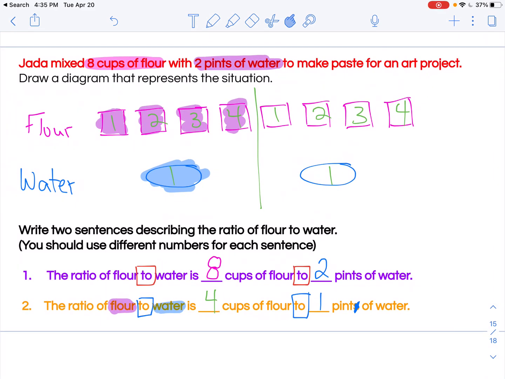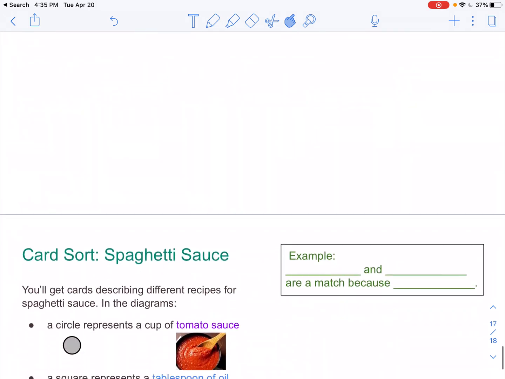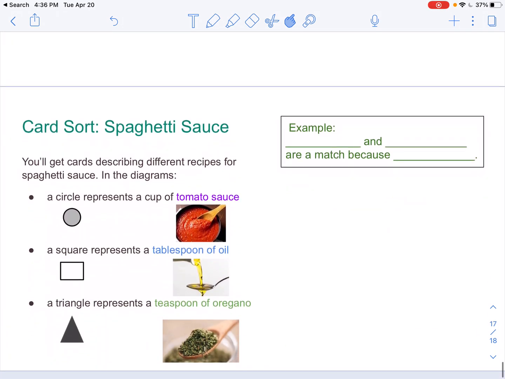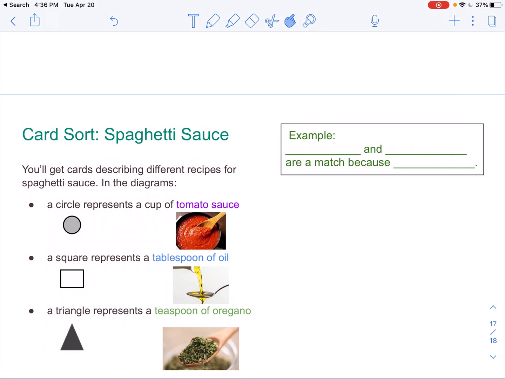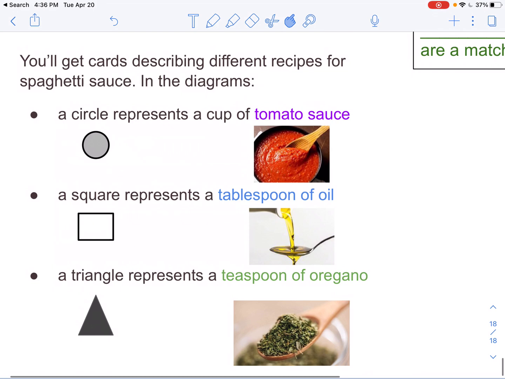All right, it is almost time for you to head into Desmos. When you get there, something you're going to be asked to do is a card sort about spaghetti sauce. It's kind of tricky if you don't know what each thing represents, right? So a circle represents a cup of tomato sauce. Here's kind of how I remembered it as I was doing it. You can see that tomato sauce right here is in like a circular bowl.